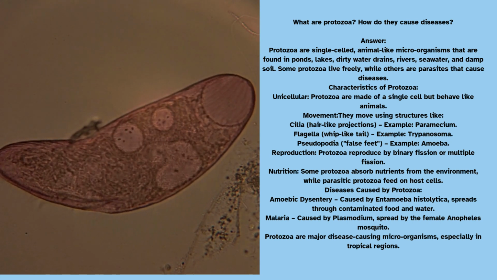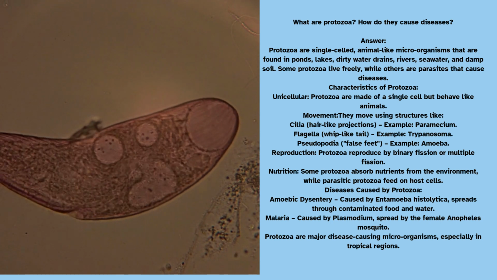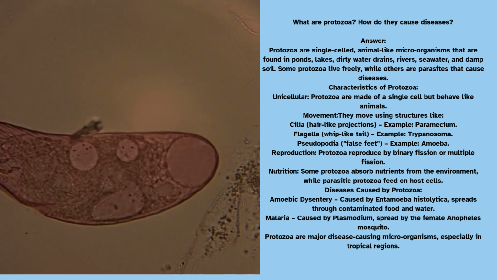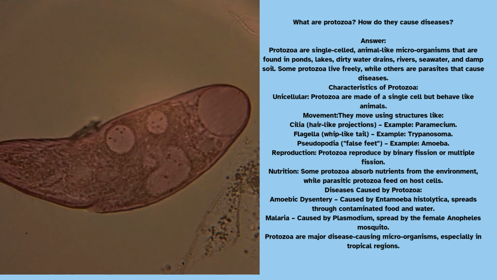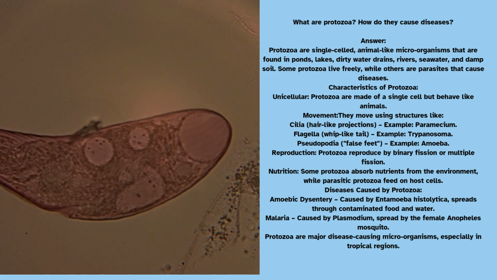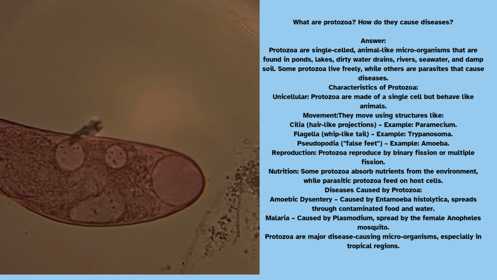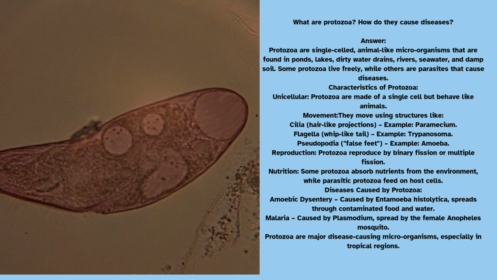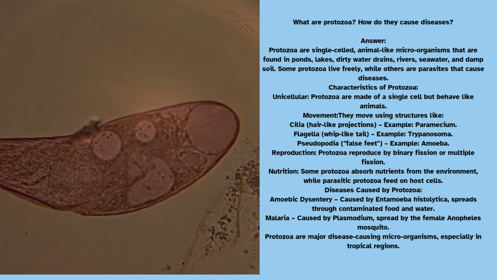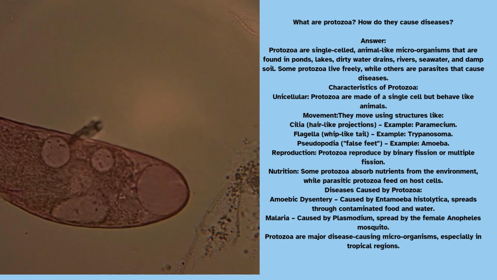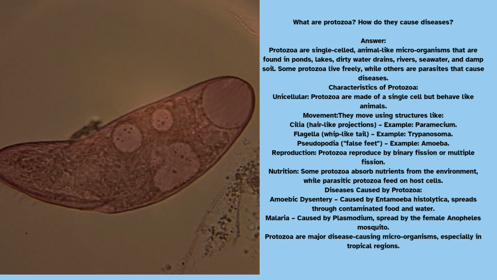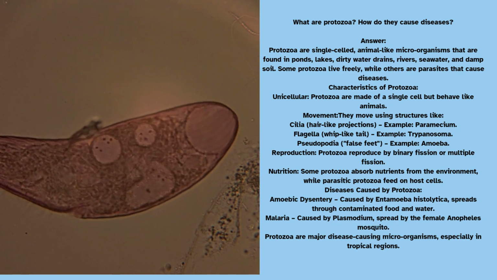They reproduce by binary fission or multiple fission, and they absorb nutrients from the environment, while parasitic protozoa feed on host cells. Many diseases are caused by protozoa, such as malaria and amoebic dysentery. They are major disease-causing microorganisms, especially in tropical regions.